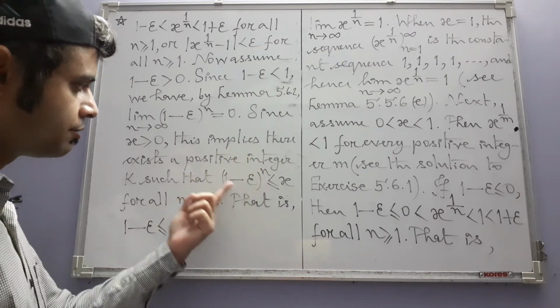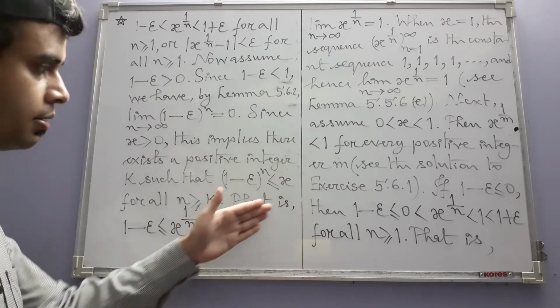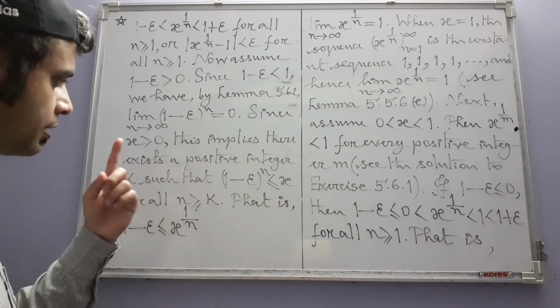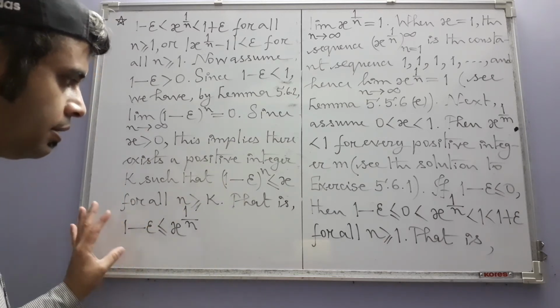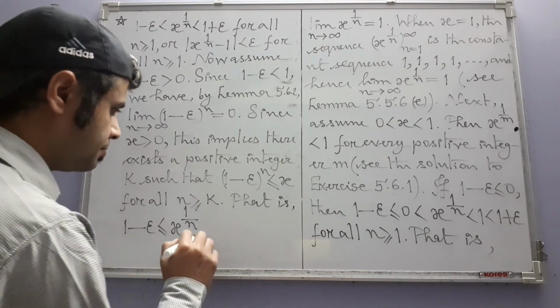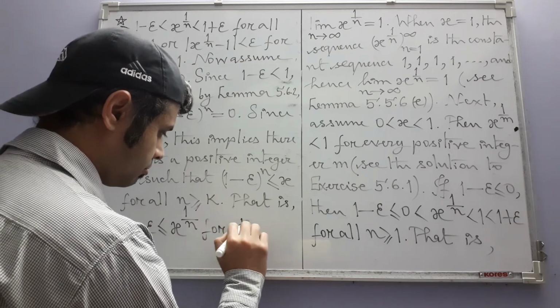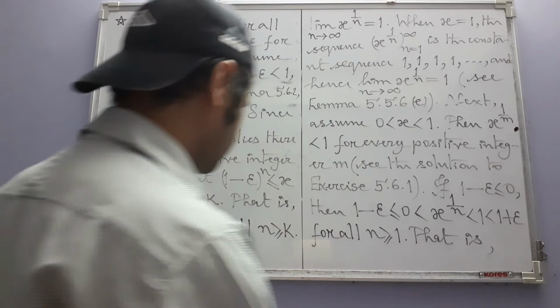The nth root of this, from properties of nth roots, lemma 566, equals 1 minus epsilon itself. Keep in mind that 1 minus epsilon is also positive. So everything is okay, and this calculation is justified for all n greater than or equal to k.